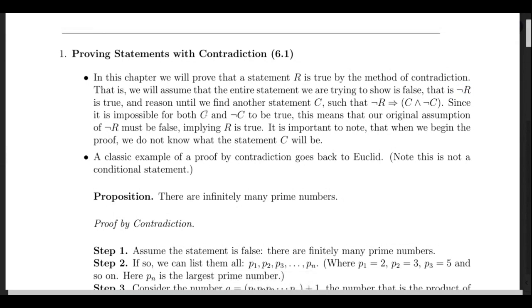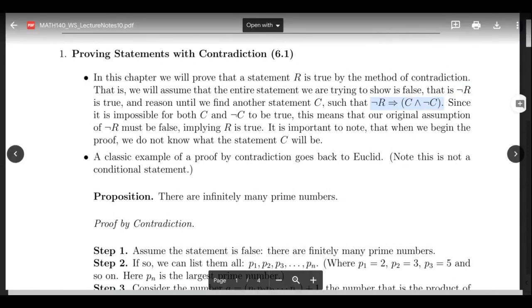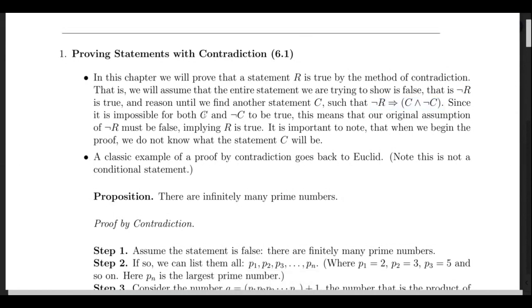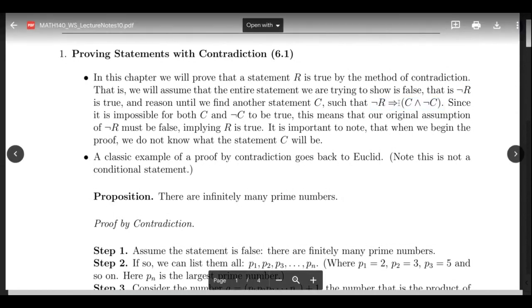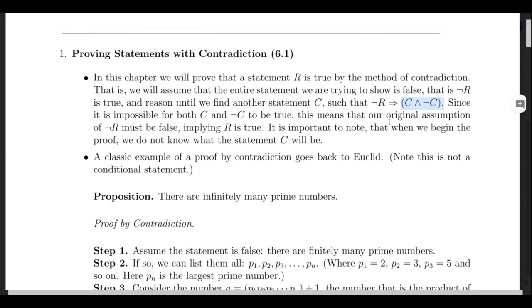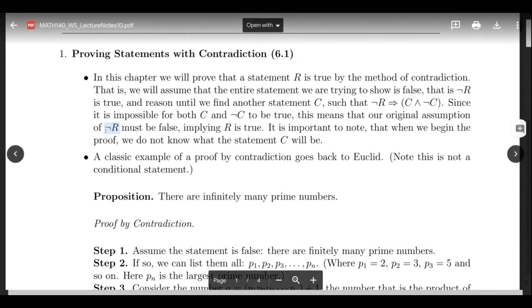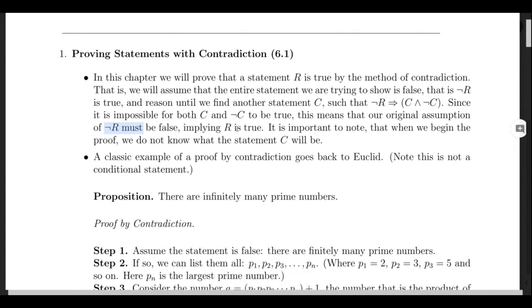And we reason until we find another statement C such that not R implies C and not C. Since it's impossible for both C and not C to be true, because C and not C have no intersection, this means that our original assumption of not R must be false, so R is true.